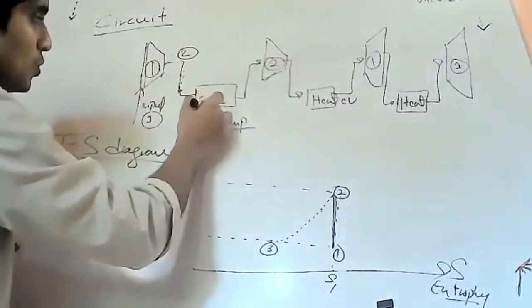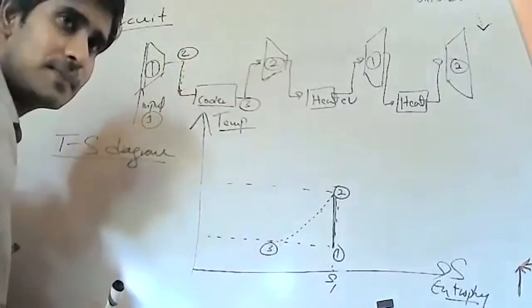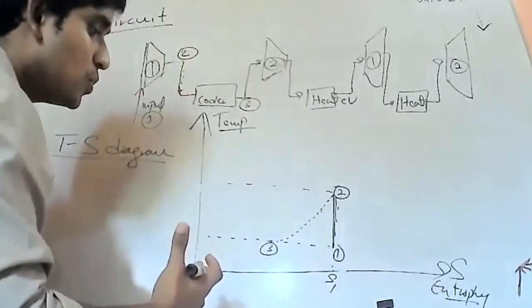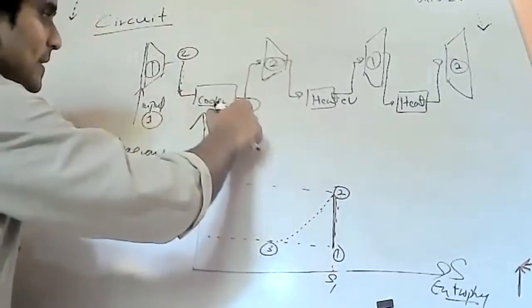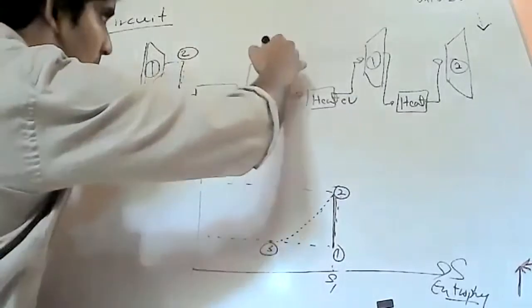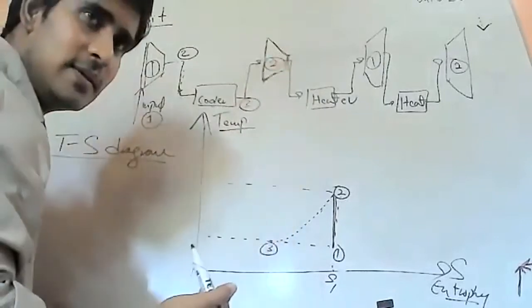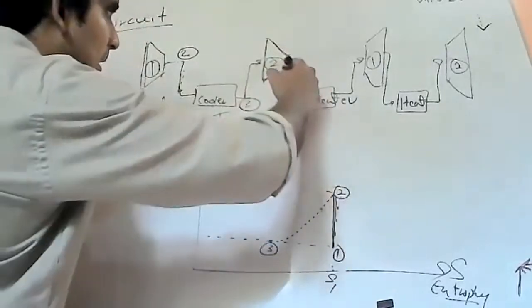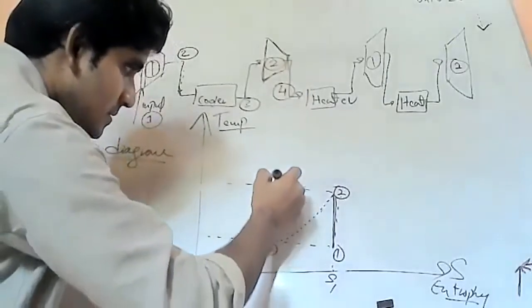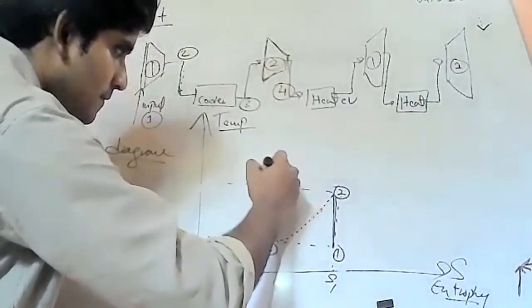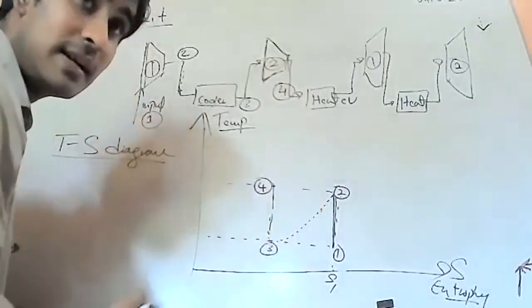Then it is given to the cooler. After this cooler, the output would be 3, because you are going to cool. That output 3 is given to the second compressor. Then from that you get a fresh output, which is output 4, right? Again we are going to compress. So let's say that is point number 4.